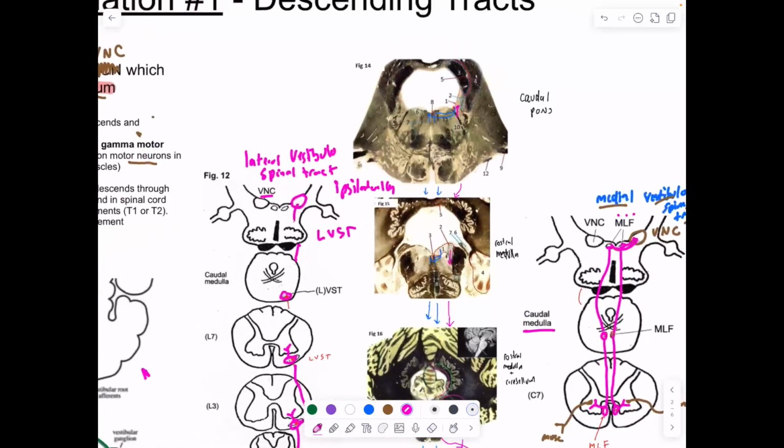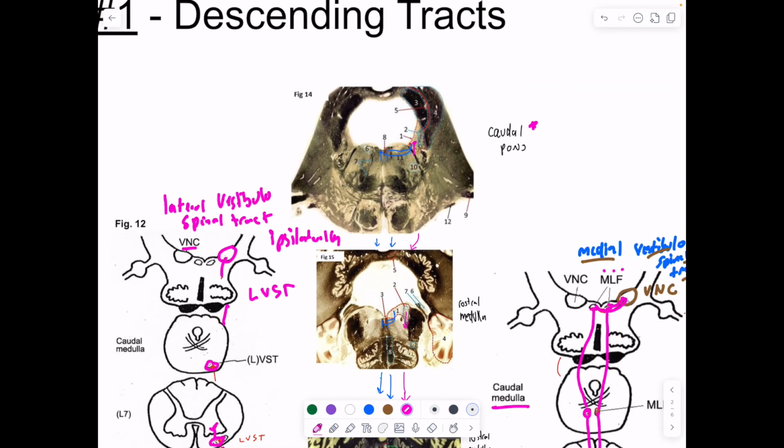So here we have our nice cross sections. Here we have caudal pons. How do we know? Because it's our friend Darth Vader. And so here we have our vestibular complex. You can see that we have our two different tracts. Here's our lateral tract coming down.